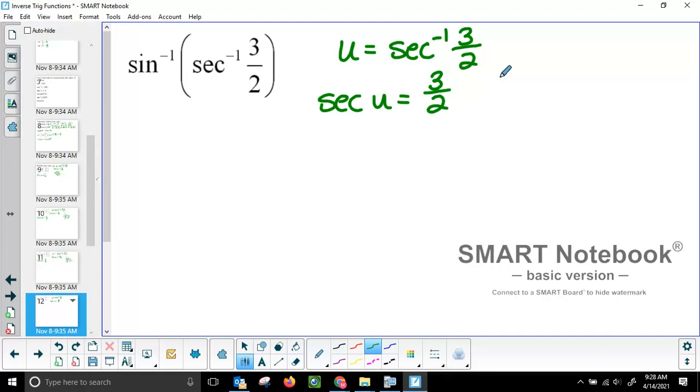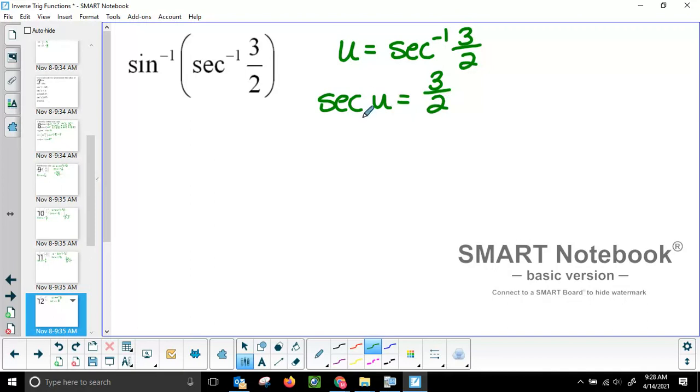Well, we're not a big fan of secant. It's not one of our 3 regular main trig functions. Which of our 3 regular normal trig functions is this a reciprocal of? Anybody remember? Hint, it begins with a C. Cosine. There we go. All right.